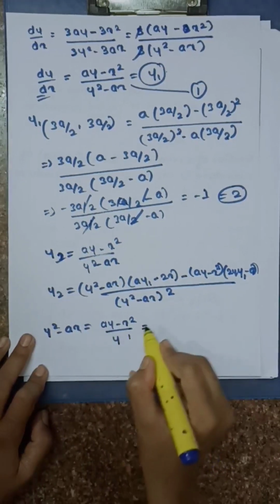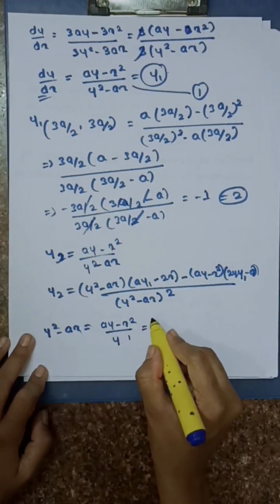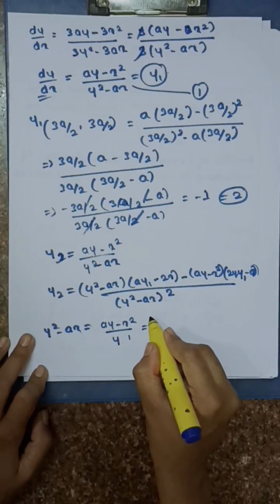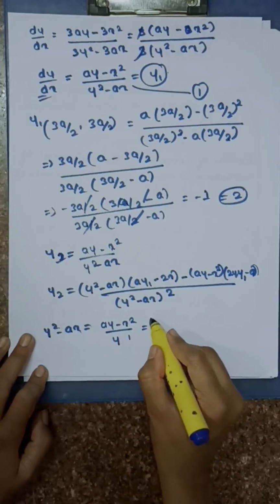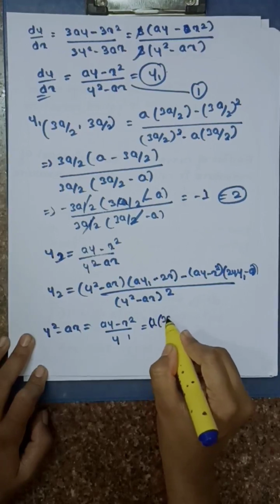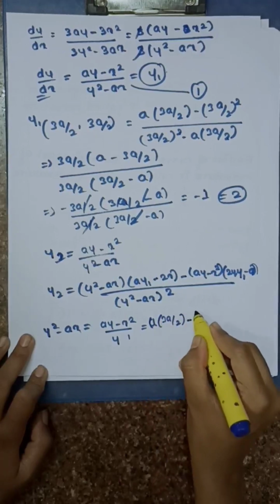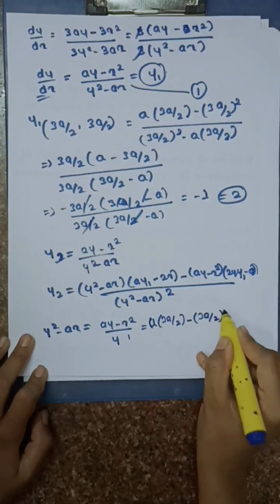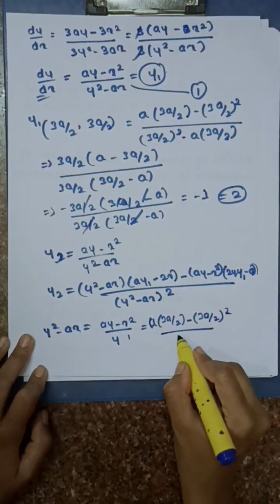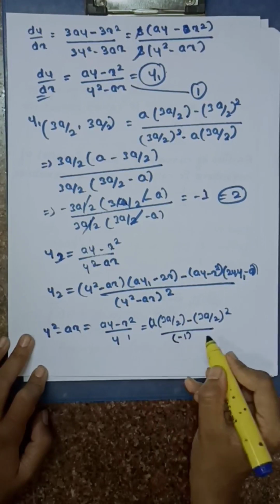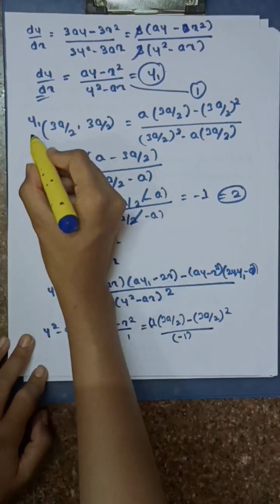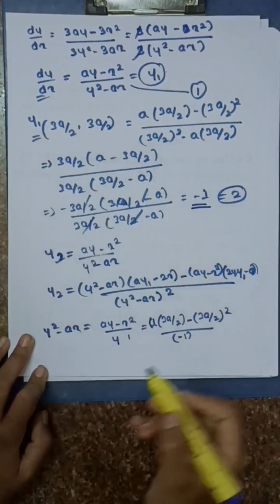So I will put the values of x and y in this equation, that is a into 3a by 2 minus 3a by 2 whole square divided by minus 1. y1 value is minus 1.